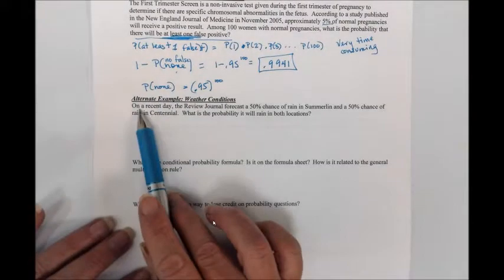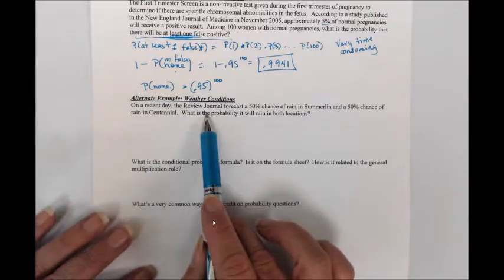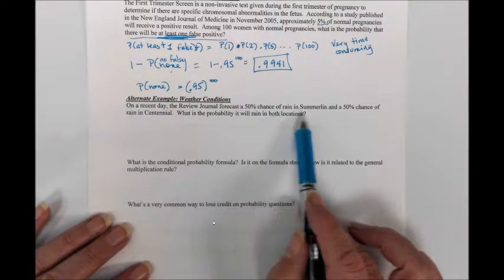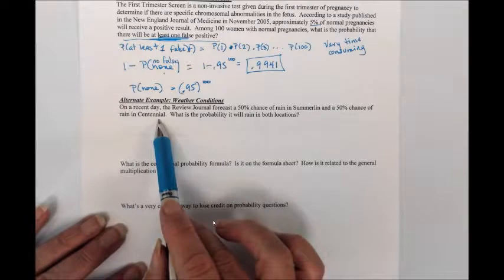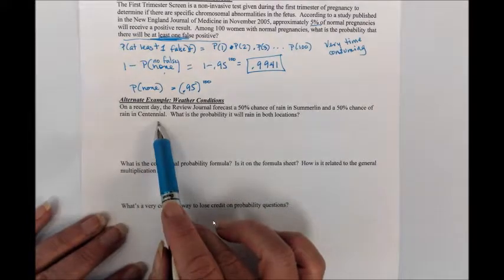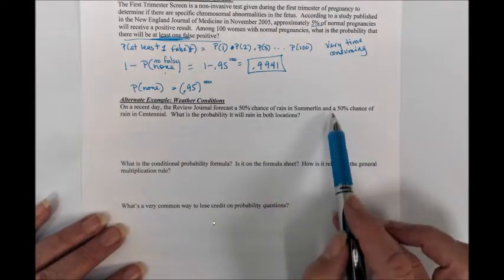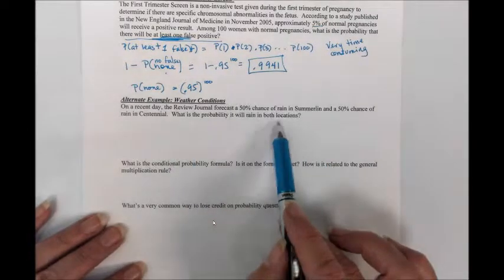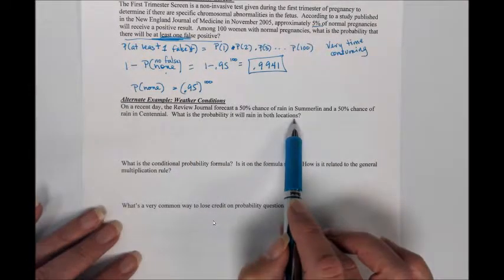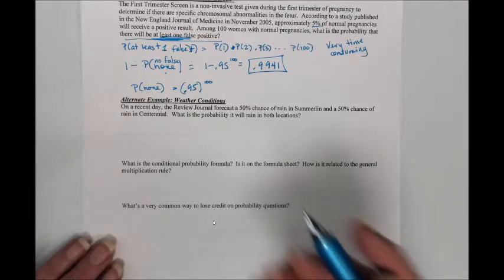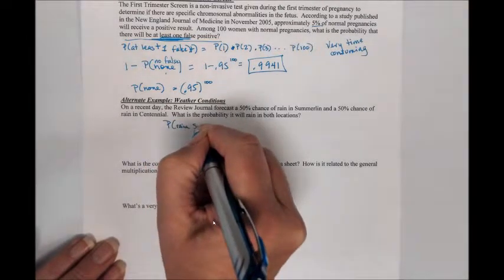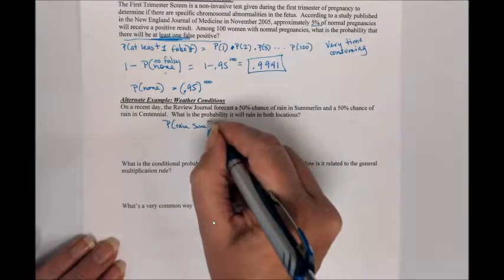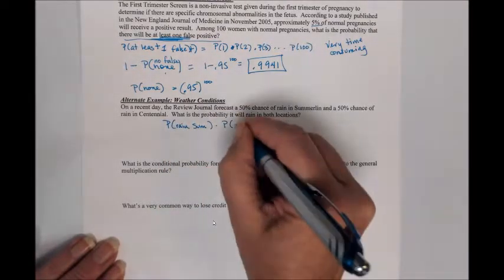Okay, on a recent day, the RJ forecast a 50% chance of rain in Summerlin and a 50% chance of rain up in Centennial. So I don't know if you know your areas around town. So what's the probability it will rain in both? Well, according to my rule, the probability of rain in Summerlin times the probability that it will rain in Centennial.